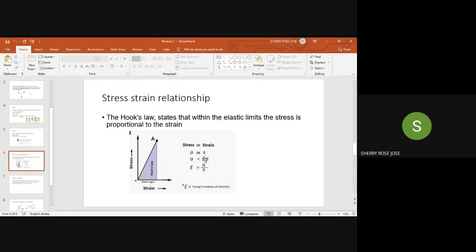To remove this proportionality, we introduce a proportionality constant and let it be capital E. Then sigma is equal to E into epsilon, or E is equal to sigma by epsilon. And this constant is termed as Young's modulus of elasticity. So Young's modulus of elasticity is equal to stress divided by strain.